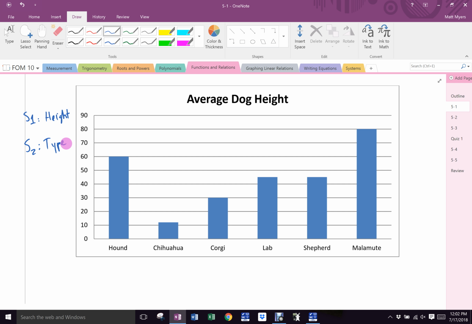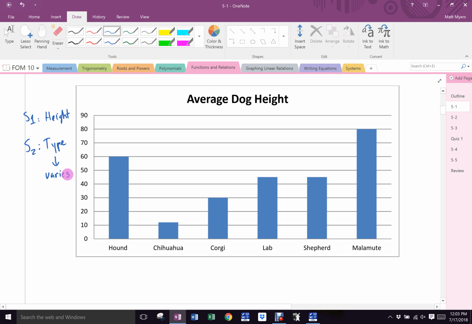Okay. Now, for each of these dogs, they all have a height, correct? Are all of these the same dog? No. So that means my type of dog varies, doesn't it? Because I'm not measuring all the same type of dog.